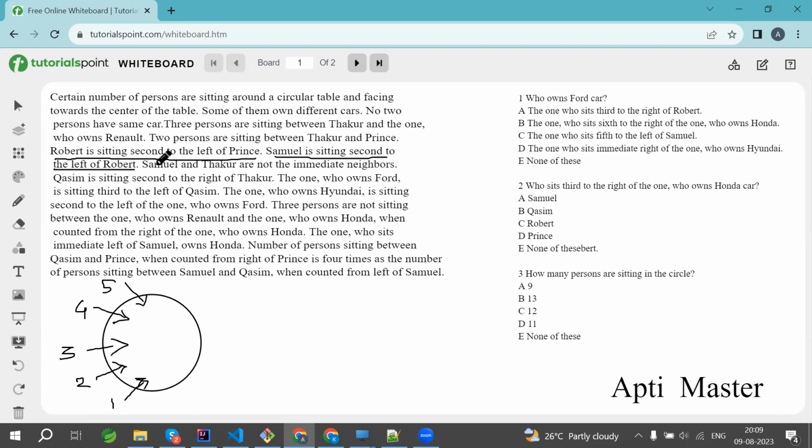Robert is sitting second to the left of Prince. So this is the left direction and this is the right direction.